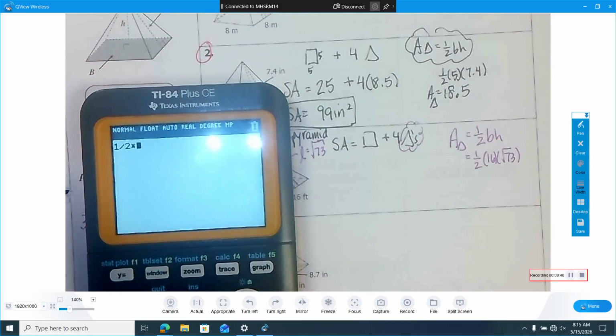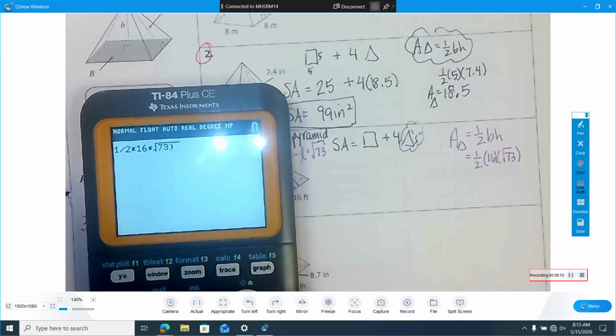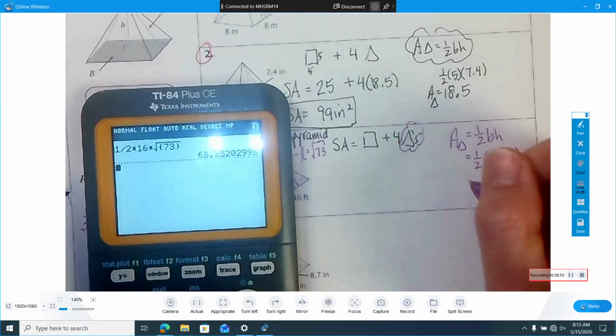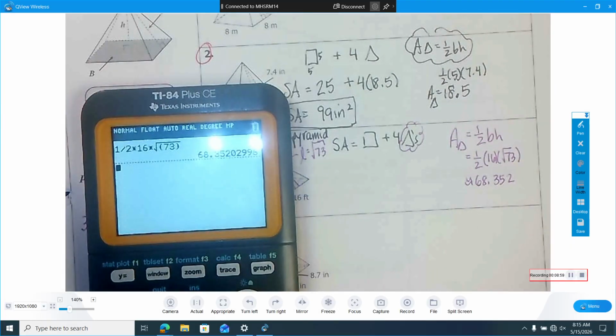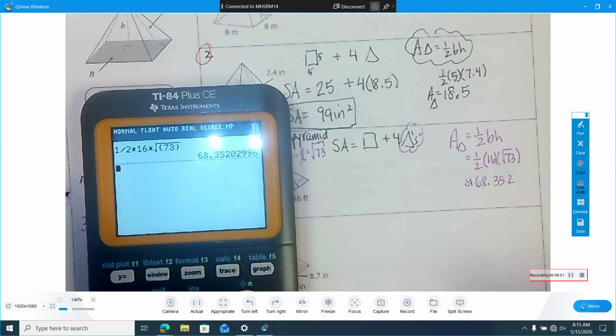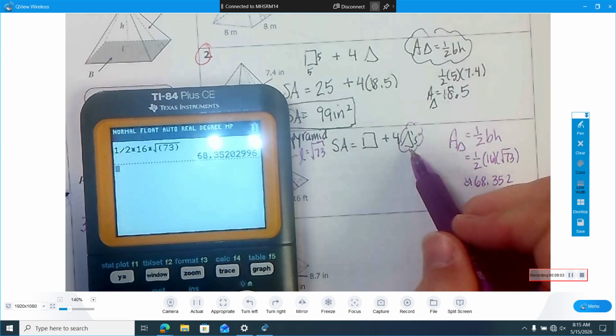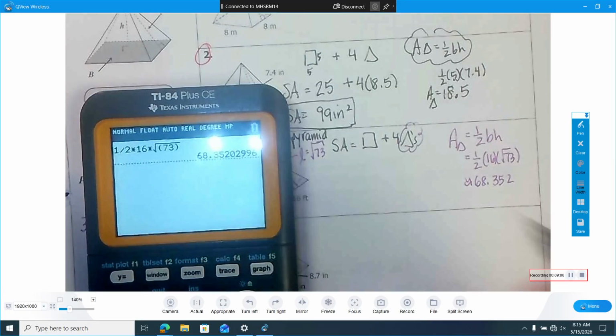So 1/2 times 16 times radical 73, and I'm getting 68.352. All right, so now I know the area of my triangles.